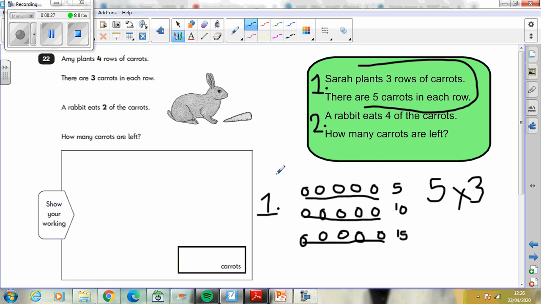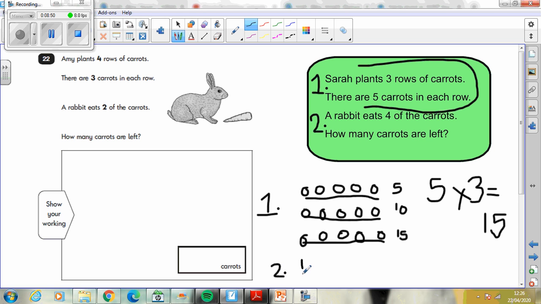Notice how I'm backing up. I've got my drawing, and then I'm also translating this into a calculation here as well. So step 1, to start with, Sarah plants 15 carrots. Okay, and then the next step is step number 2.